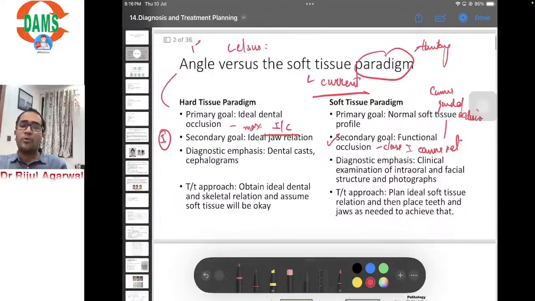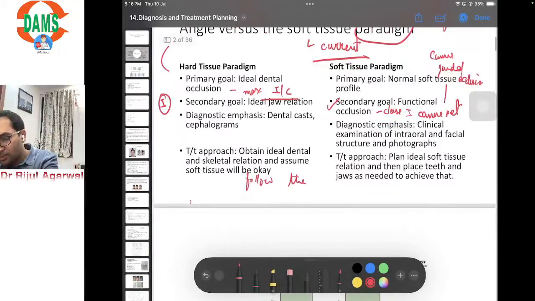Next, the treatment approach was to have an ideal dental and skeletal relation and assume that the soft tissue would be okay, that it would follow the dental pattern.